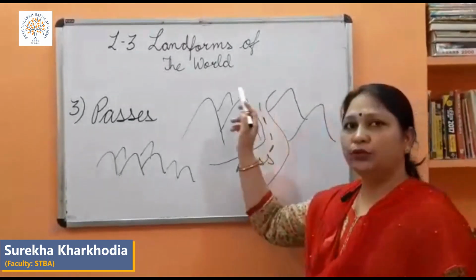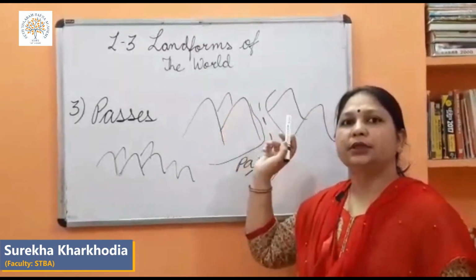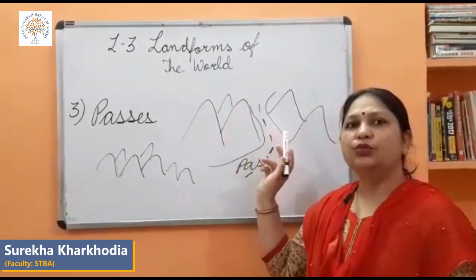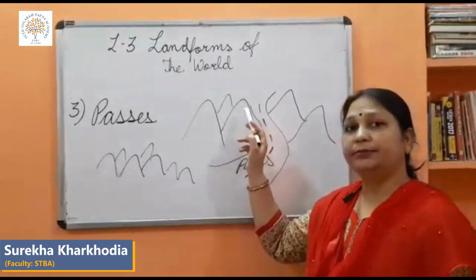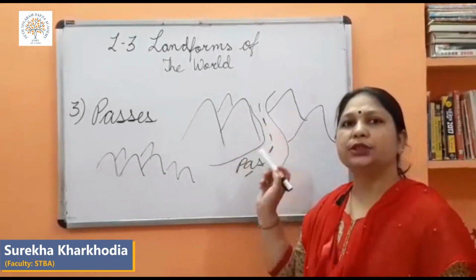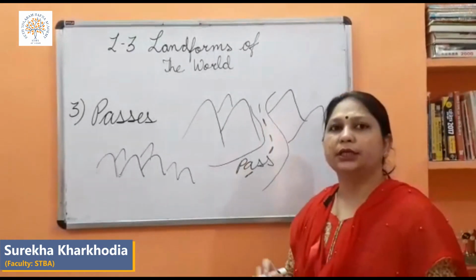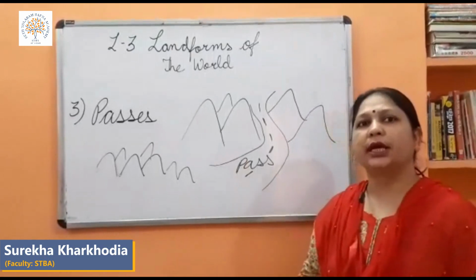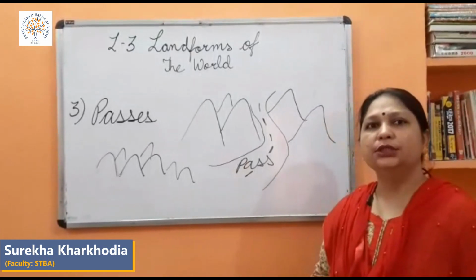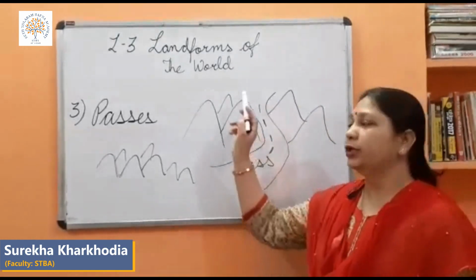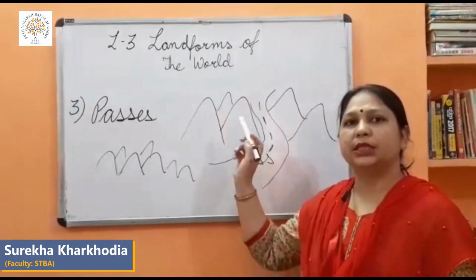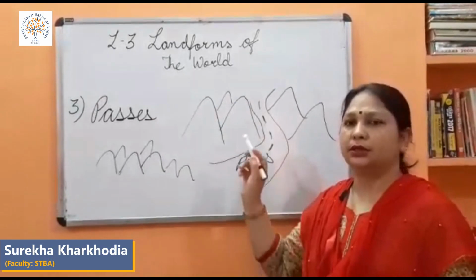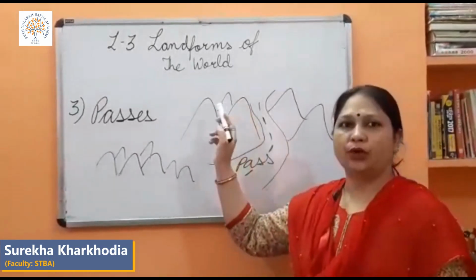Children, in northwest of India, there are two mountains, Hindu Kush and Suleiman. From these mountains, the two passes are there, that is Khyber Pass and Bolan Pass. These two mountains are towards Pakistan, and the Khyber and Bolan Pass are there towards the northwest.